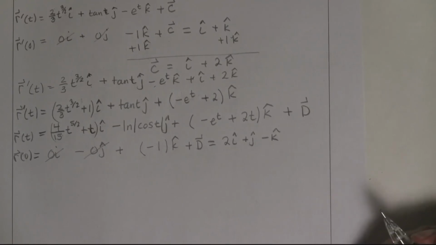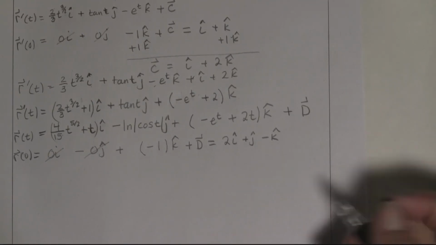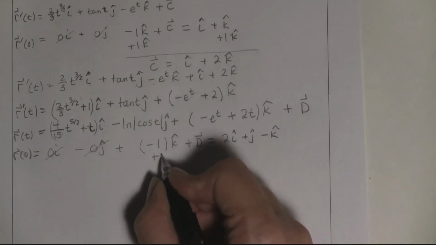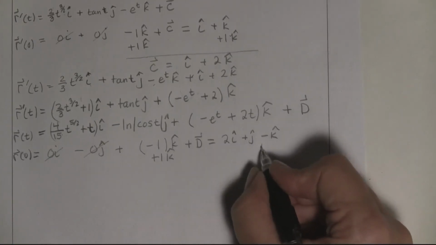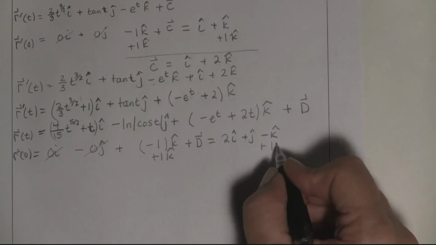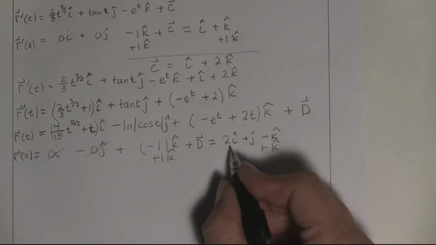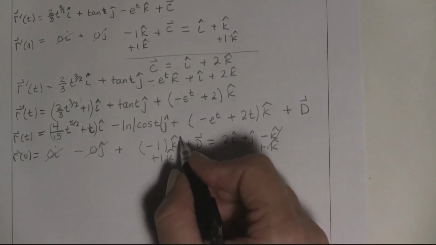And then I'm going to solve for d. So I'll add k to both sides, so plus 1k. And when I do that, I get just 2i plus 2j as my answer because the k's go away, right?